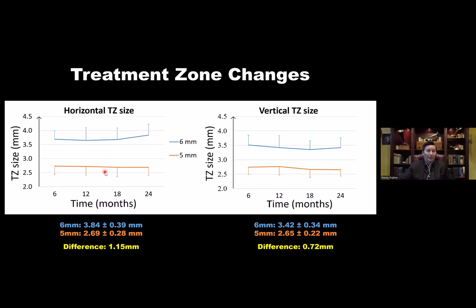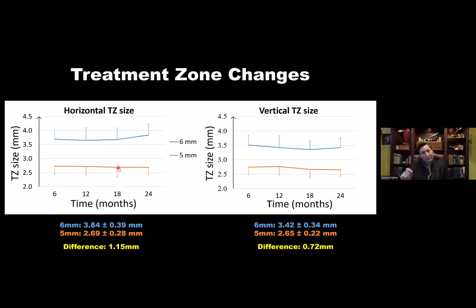On the left, you have the horizontal reading, the 0 to 0 across the horizontal axis, and on the right side are the readings along the vertical. And as you can tell, in both cases, the blue lines, the 6 millimeter optic zones, had a larger resultant treatment zone compared to the 5 millimeter.